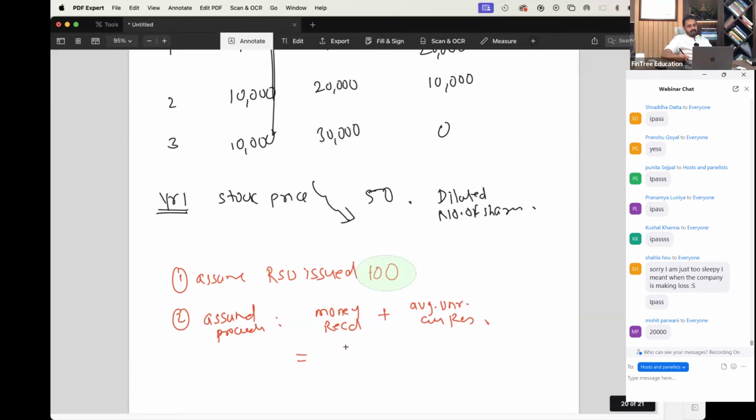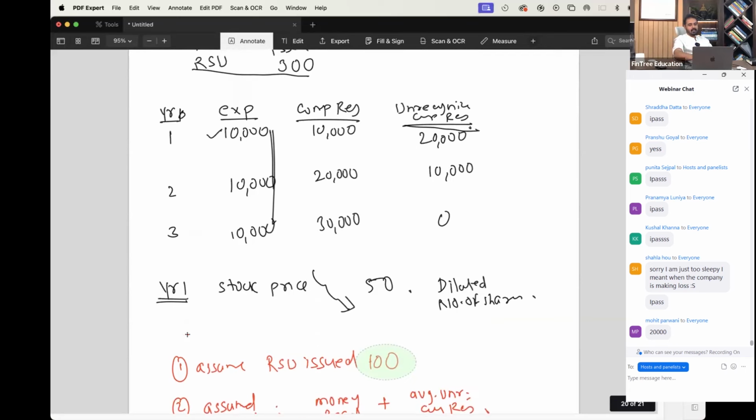If it's an RSU, what is the money received from employee? 0. These are not ESOPs, right? They're not paying you a strike price. So money received is 0. But this thing still remains, which is the average unrecognized comp reserve. Now, this year unrecognized comp reserve is 20. Last year was how much? 0.